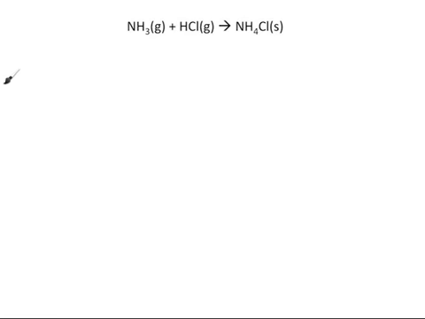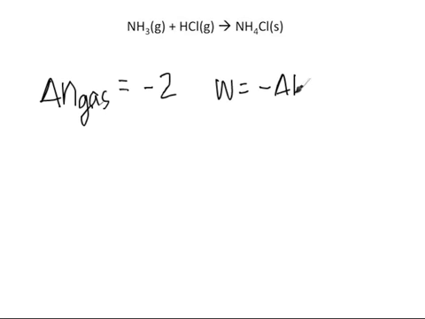So let's move on to the next calculation, the delta n gas. So we're going from 2 moles of gas to 0 moles of gas. So this is 0 minus 2, which is minus 2. So work is going to be positive. Do the calculations, it's going to be about 5 kilojoules at room temperature.